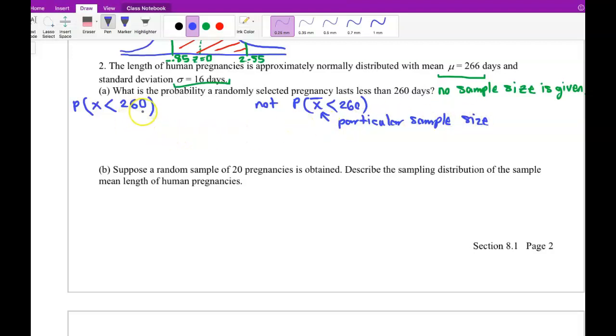Okay, so based on what we have here, again, since we have x, first find z, and z is less than negative 0.38. Remember, z was x minus mean divided by standard deviation.